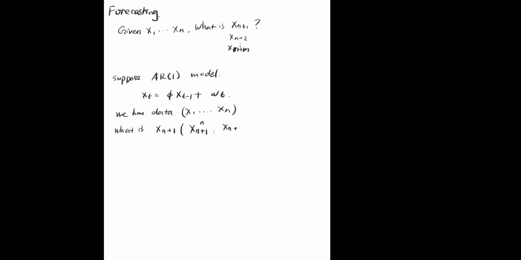That means x(n+1) based on x1 all the way to xn. Then we know that x(n+1) given n is equal to phi xn plus w(n+1) given n. Since xn is observed, we can just write it as xn.